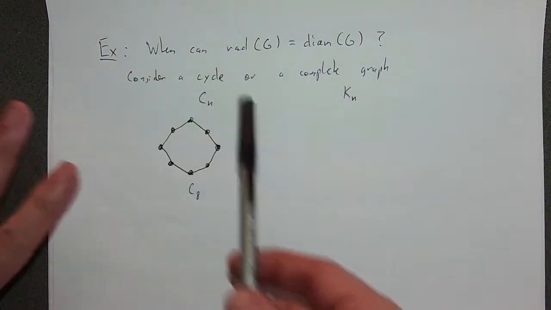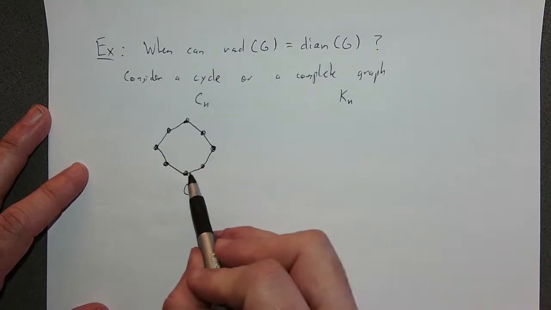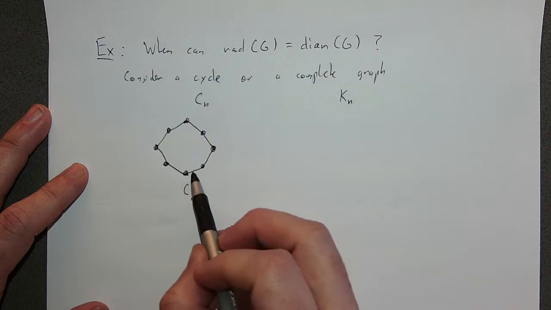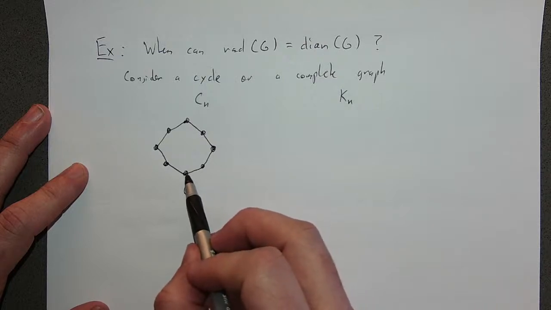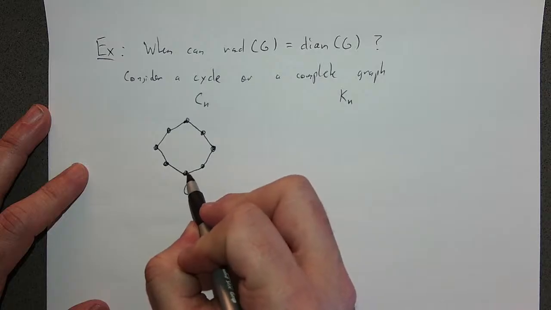We're just going to think about it. But for this cycle, what is the eccentricity of this thing right here? All right, so this vertex. What's its eccentricity?